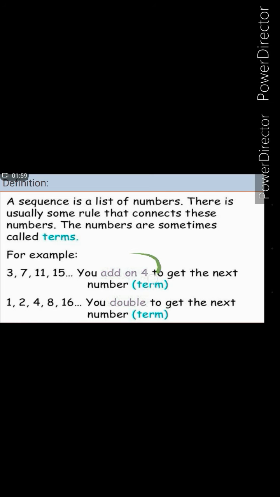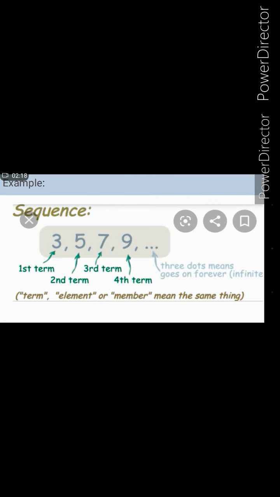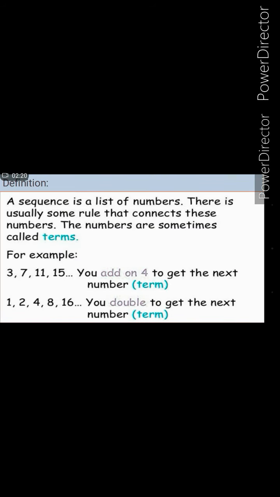You add 4 to each number to get the next one. For example, 3 plus 4 is 7, 7 plus 4 is 11, 11 plus 4 is 15, 15 plus 4 is 19. It means in the first sequence your rule is add 4.